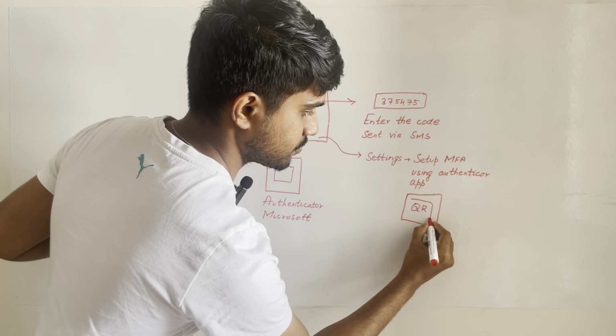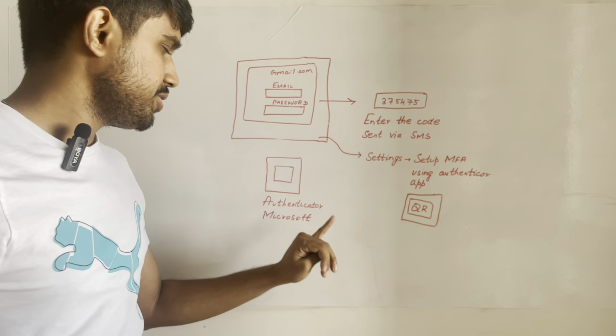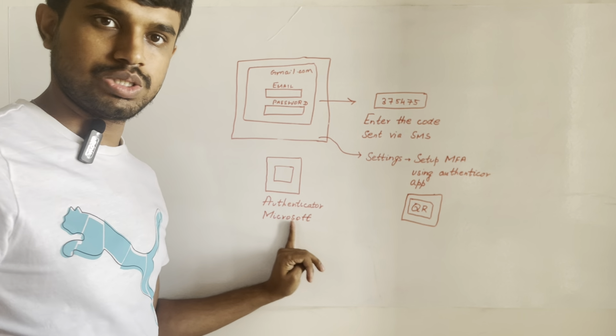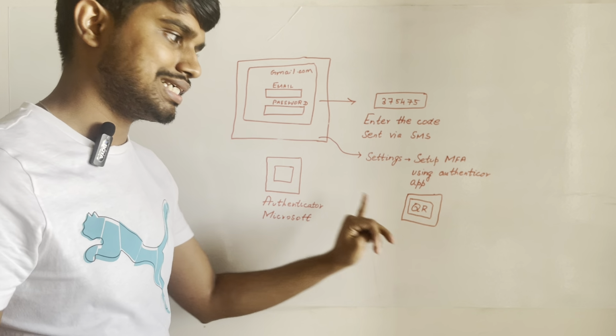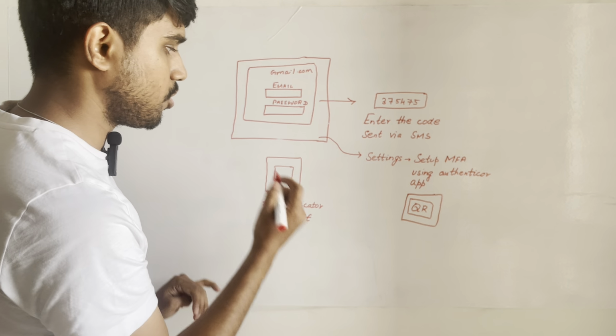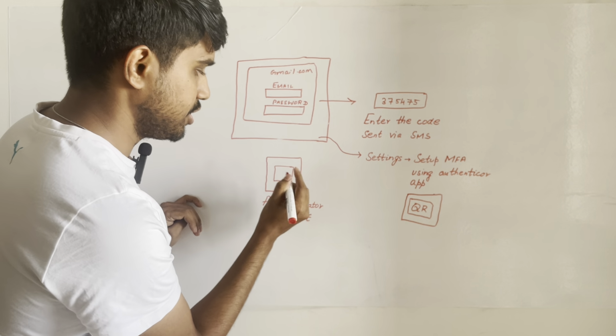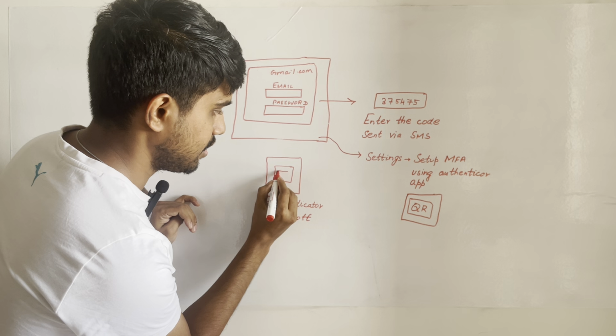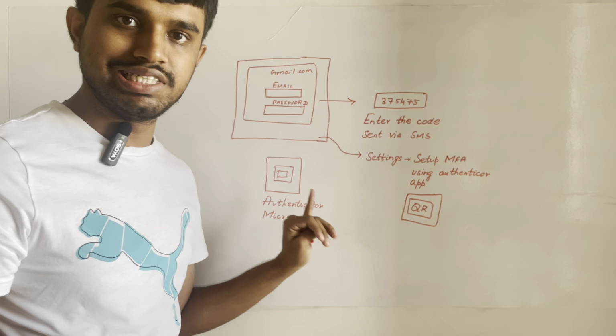So what you can do is go into your Authenticator app in your phone and scan this QR code. Once you scan this QR in the Authenticator app, you will have an entry called Gmail.